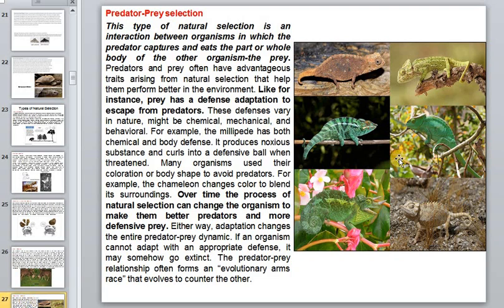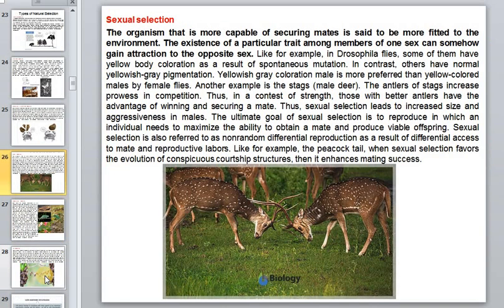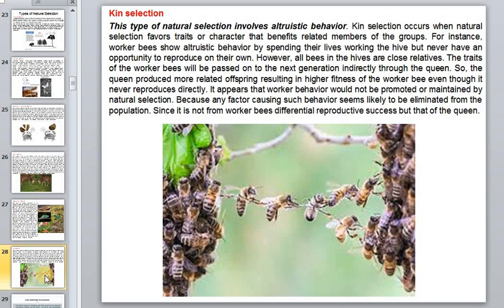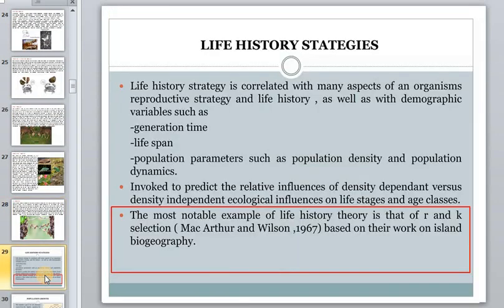It's very important to be invisible to predators, like in these photos. Over time, natural selection can change organisms to make them better predators and more defensive prey. And here we see the small one, kin selection. As you remember, the bees. This type of natural selection involves altruistic behavior.